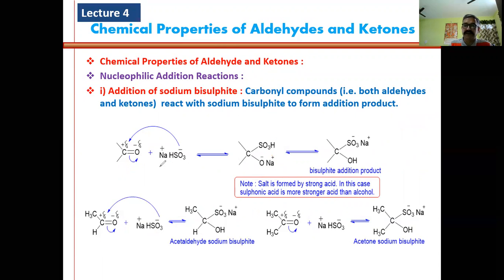Why we have given sodium to SO3 negative, Na positive, and OH. Similarly, if we take acetone, this is acetone. Again, the reaction occurs in the same manner, and we get acetone sodium bisulfite addition. This was addition of sodium bisulfite.